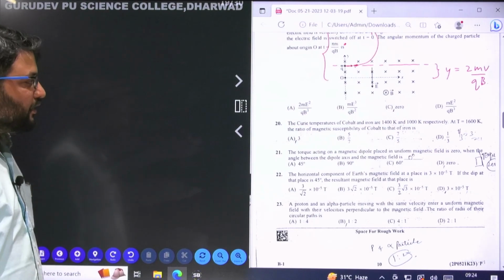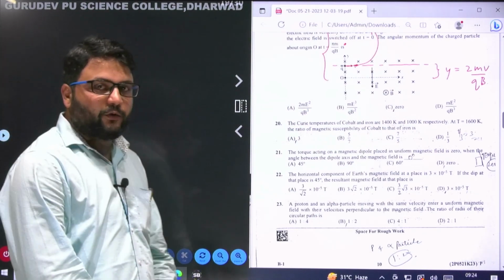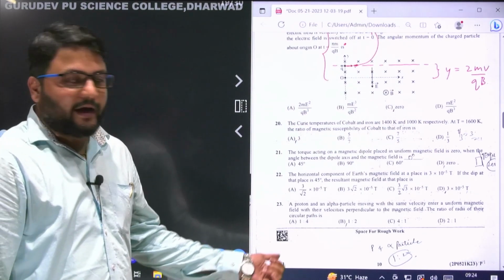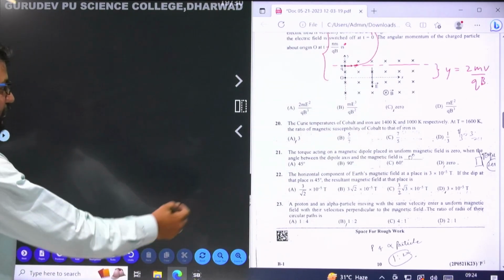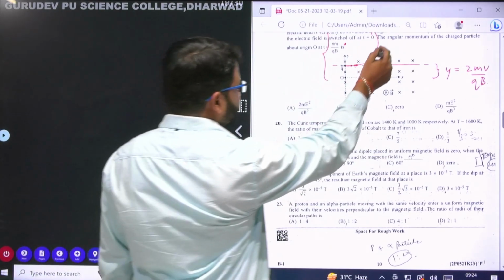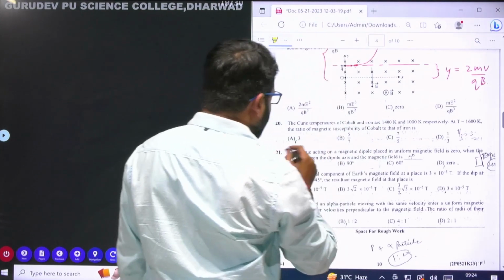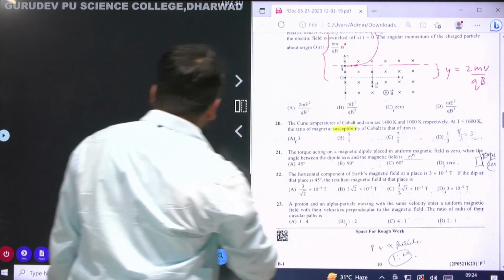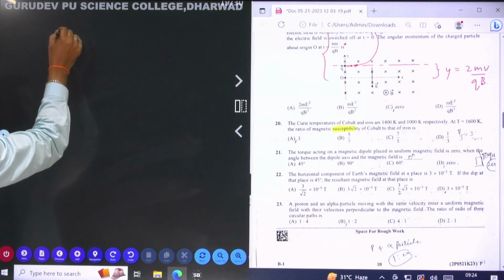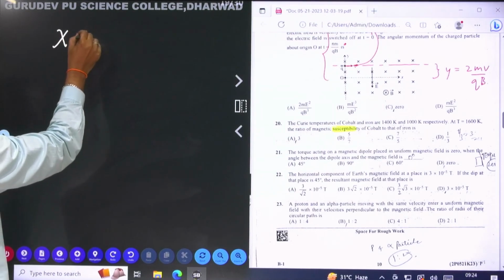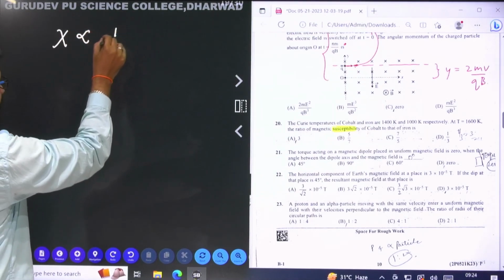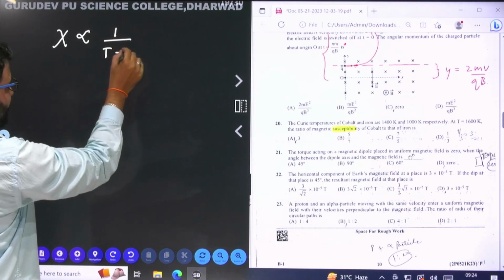The next question is on Curie's temperature, and you clearly know that this is coming from the chapter magnetism and matter. It is asked on susceptibility. So the susceptibility formula is chi proportional to 1 divided by T minus Tc.